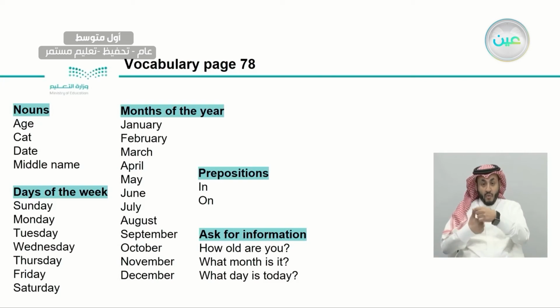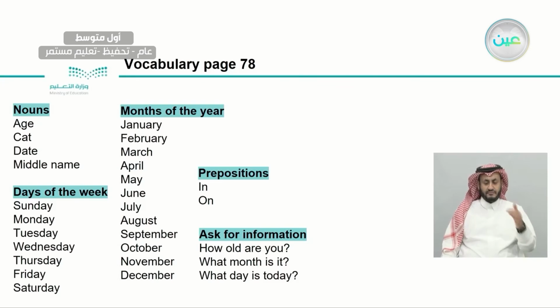January, February, March, April, May, June, July, August, September, October, November, December. Also, we learned prepositions in and on. In when we talk about a specific month, and on with a specific date, month followed by a day.